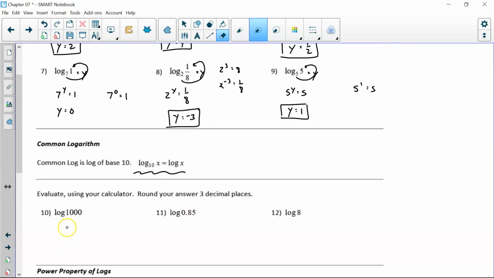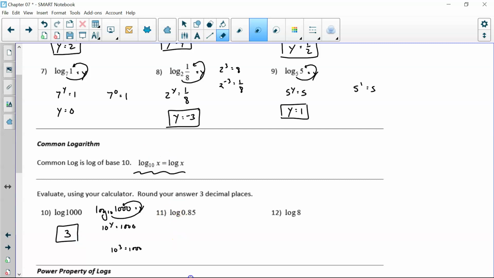You can see here for number 10, there's no base shown, so that base is 10. So using your calculator, just hit log of 1,000, and you're going to get 3. And the reason is that's the log base 10 of 1,000. So it's 10 to the y equals 1,000, and 10 to the third is 1,000. We're still finding that exponent, but the calculator did it for us.